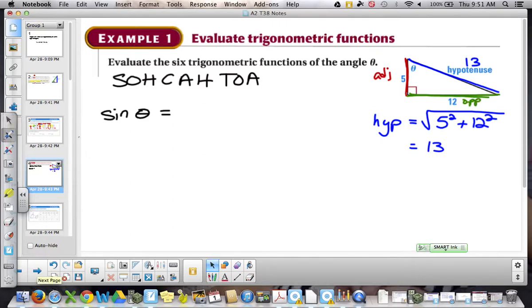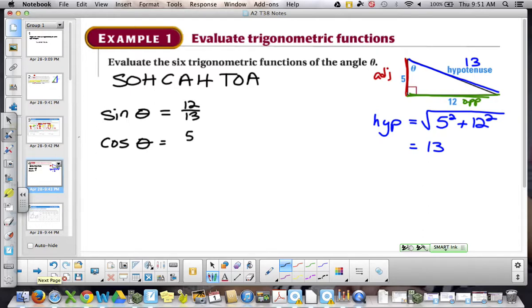So sine of theta is going to be opposite over hypotenuse, so 12 over 13. Cosine of theta will be the adjacent over the hypotenuse, so 5 over 13. The tangent of theta will equal the opposite over the adjacent, so that would be 12 over 5.